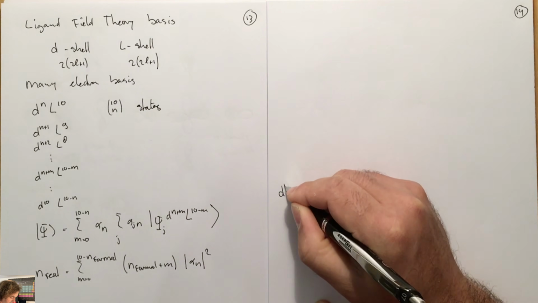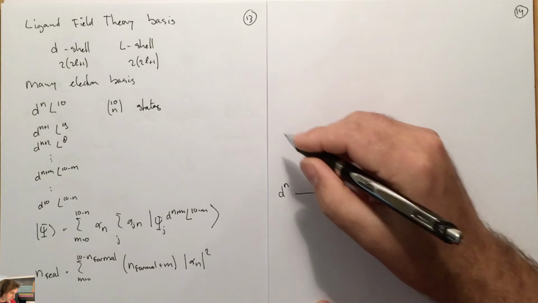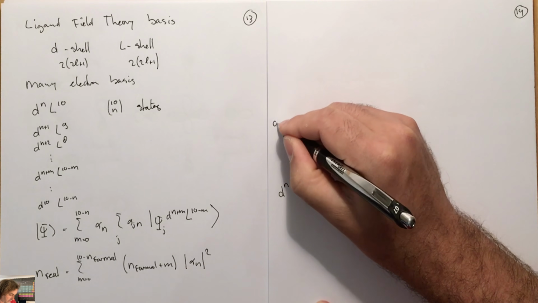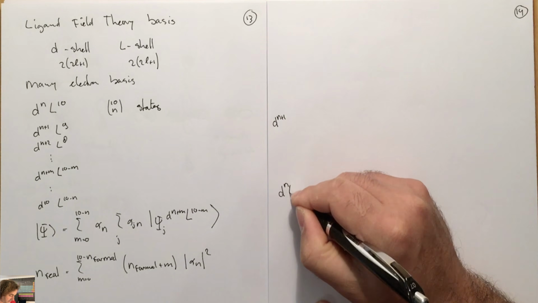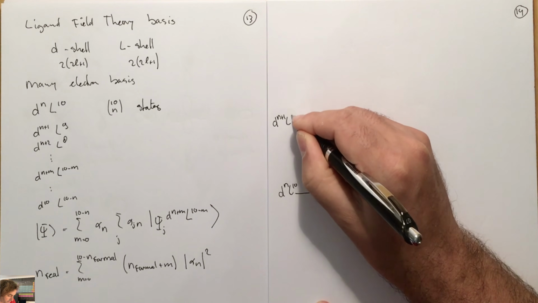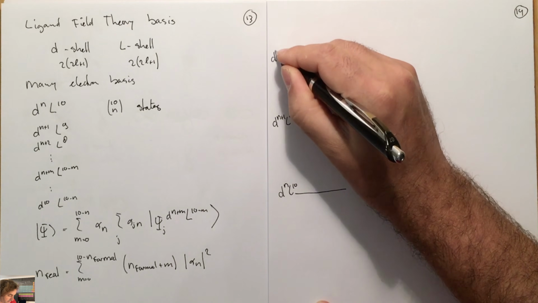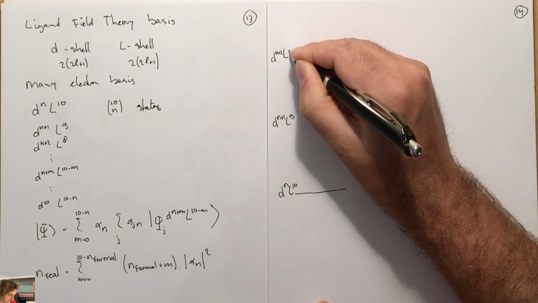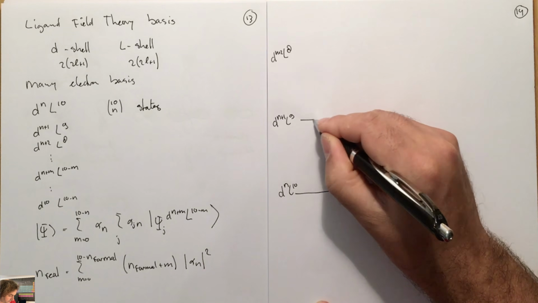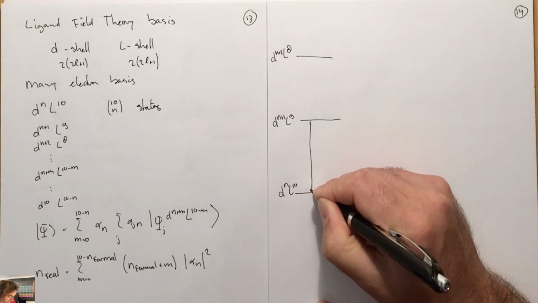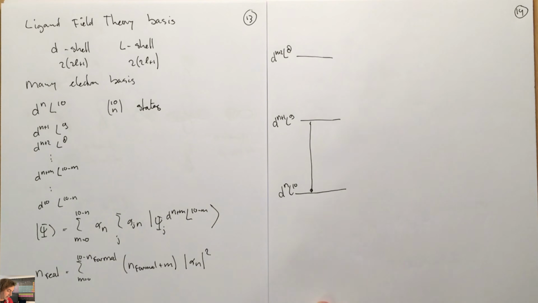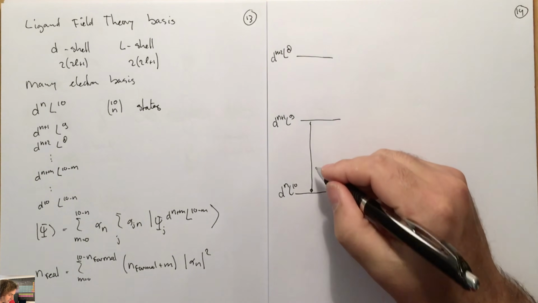So if we look at our energy level diagram, in just a configuration space we have the configurations d^n ligand^10, d^(n+1) ligand^9, d^(n+2) ligand^8, and the energy difference here is given by the epsilon d's, epsilon l's, as well as the Coulomb interaction.